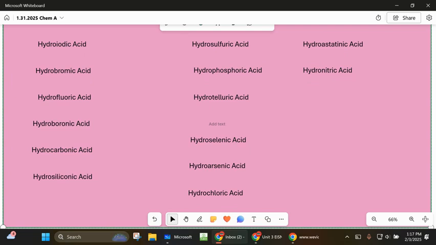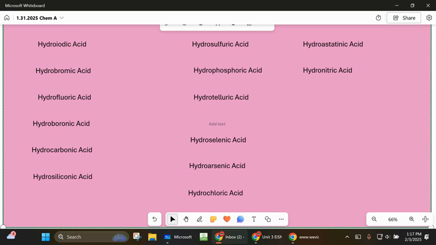Hydrotelluric? H2Te. Hydroselenic? H2Se. Hydroarsenic? H3As. Hydrochloric? HCl. Hydroastatinic? HAt. Guess I never noticed that one before.